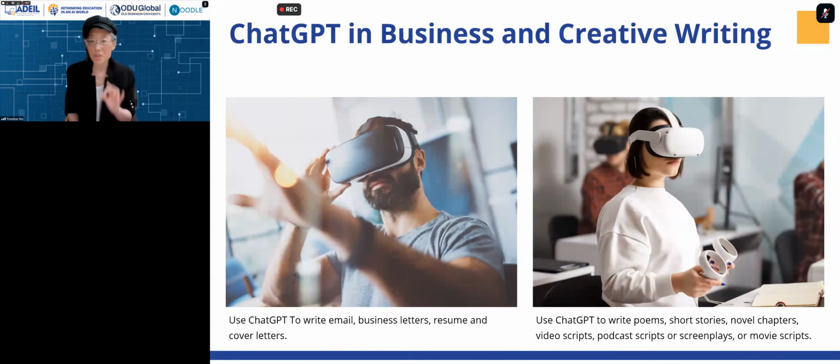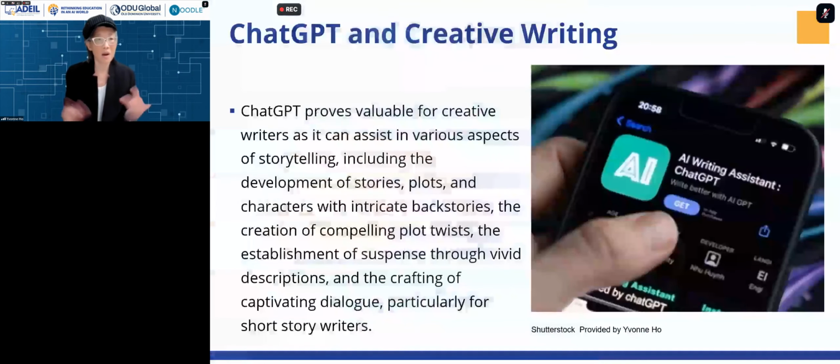And also you can use ChatGPT to write poems, short stories, novel chapters, video scripts, podcast scripts, movie screenplays, or movie scripts. And now you know why Hollywood is having its big strike, because they're afraid that when ChatGPT writes those movie screenplays, that would put the TV writers out of work, you see. And so that was why they had that big argument.